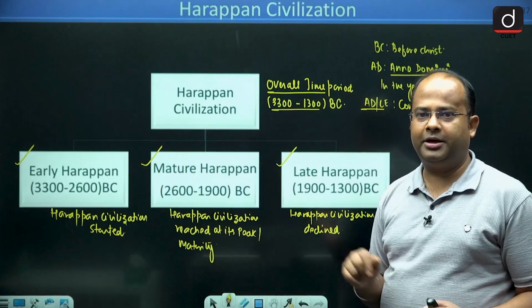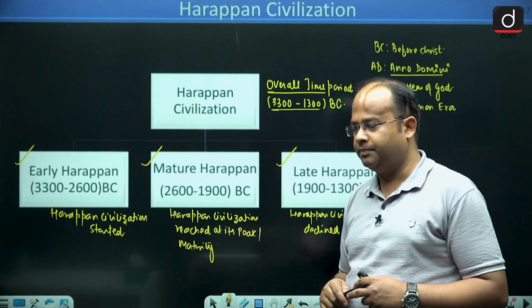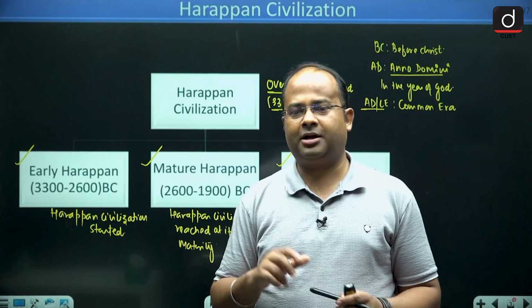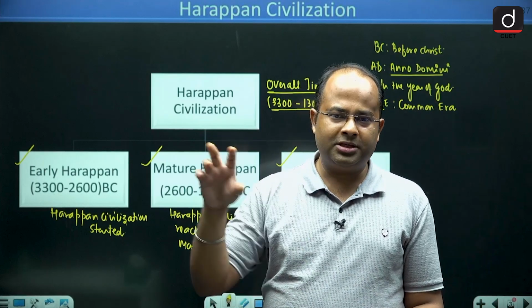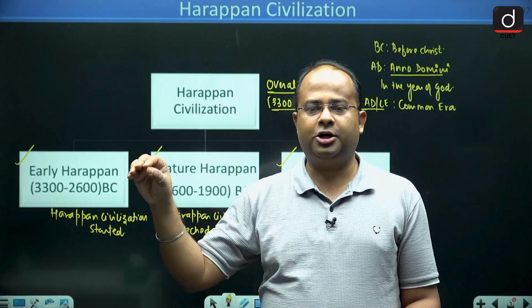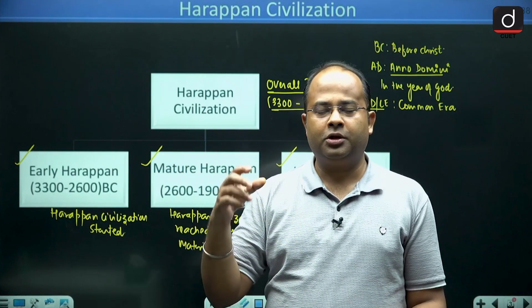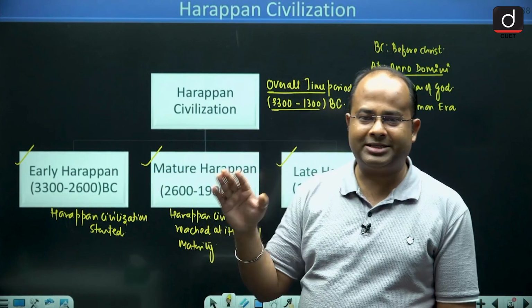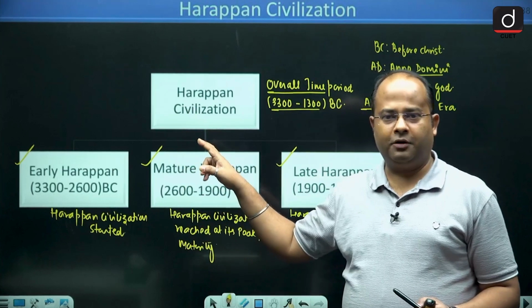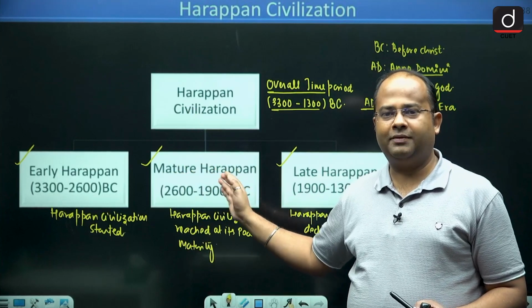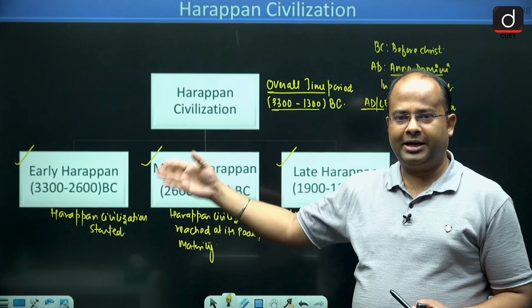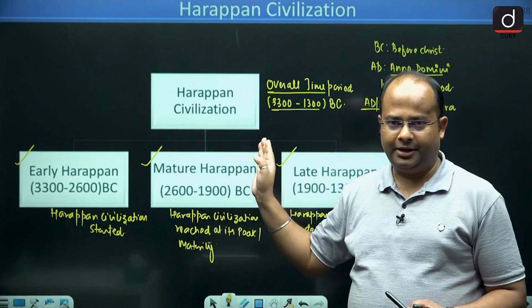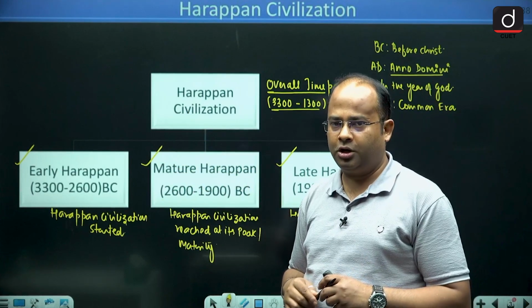I hope it is clear to all of you why this period is taken as the official period, and what exactly is the overall period of Indus Valley and how it is divided into three parts, that is early, mature and late.